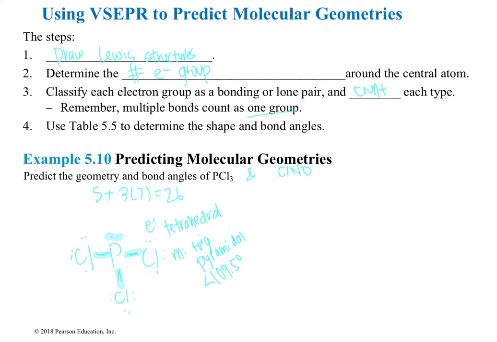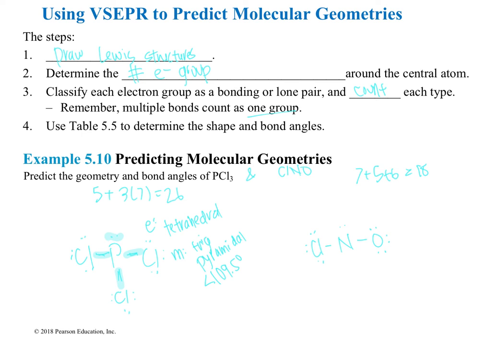For ClNO, we have 7 plus 5 plus 6, so 18. So we're going to put them in that order. So 2, 4, 6, 8, 10, 12, 14, 16, 18.